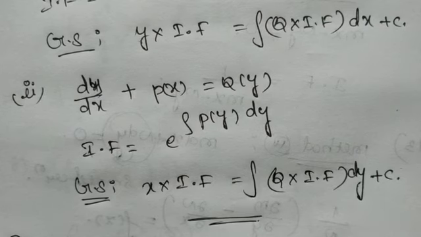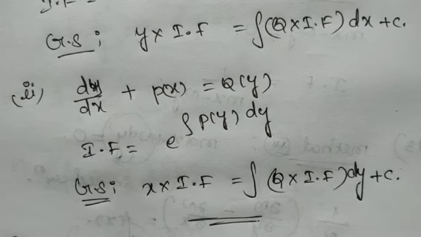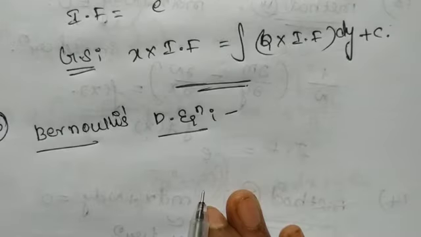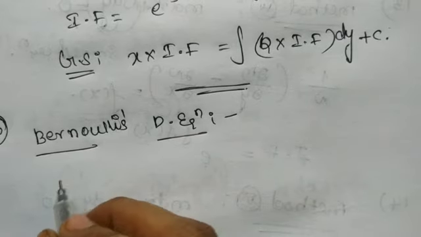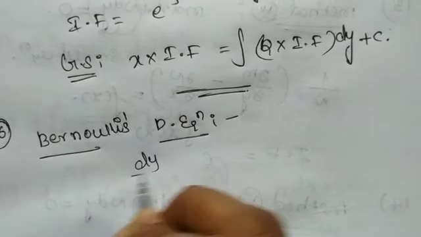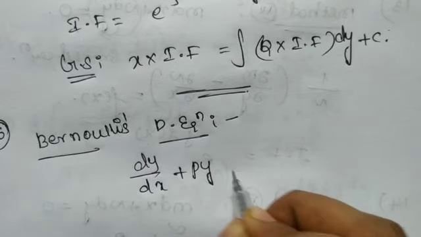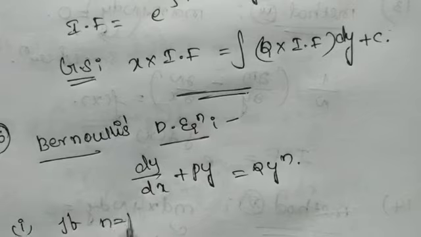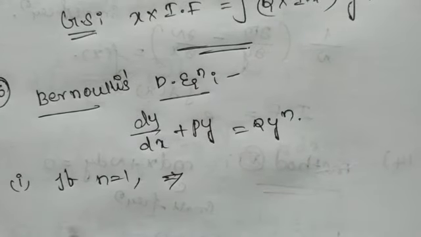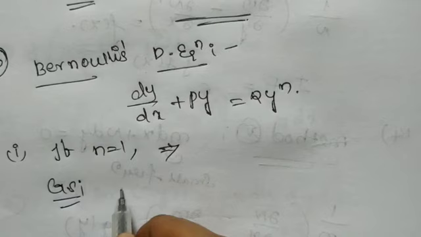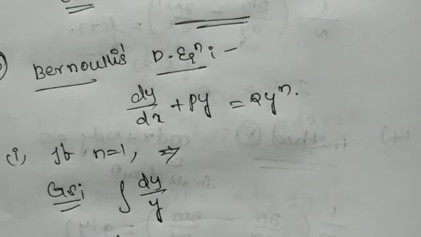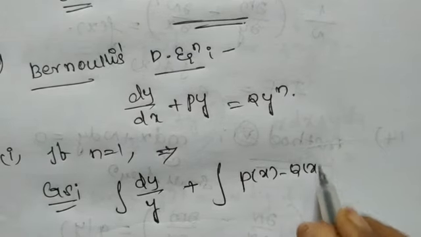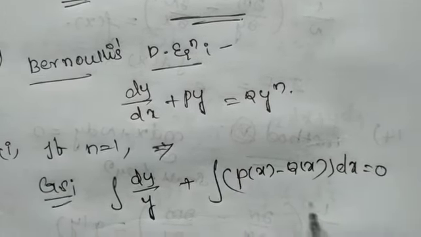Next one, Bernoulli's differential equation. Bernoulli's differential equation is in the form dy by dx plus P y equal to Q into y power n. If n equal to 1, then the solution is by variable separable method, that is integration of dy by y plus integration of (P of x minus Q of x) dx equal to 0.